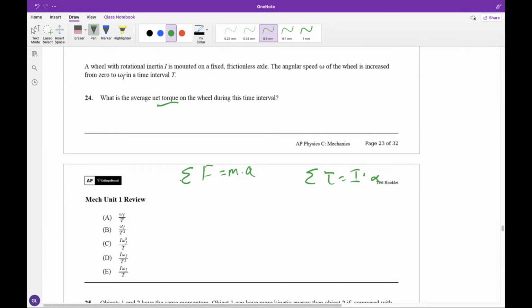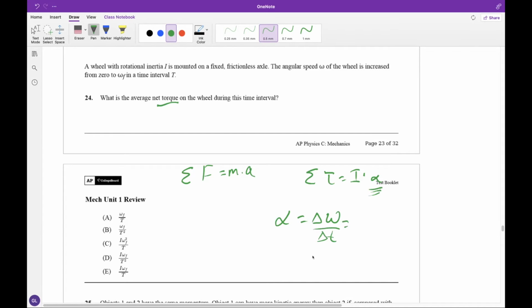Okay, all righty. And we may be wondering, well, we have I, but then what do we got to do? We got to work with this term, the angular acceleration. Well, all accelerations, angular or not, are the rate of change of velocity. So in this case, this is going to be the change in angular velocity over the change in time.